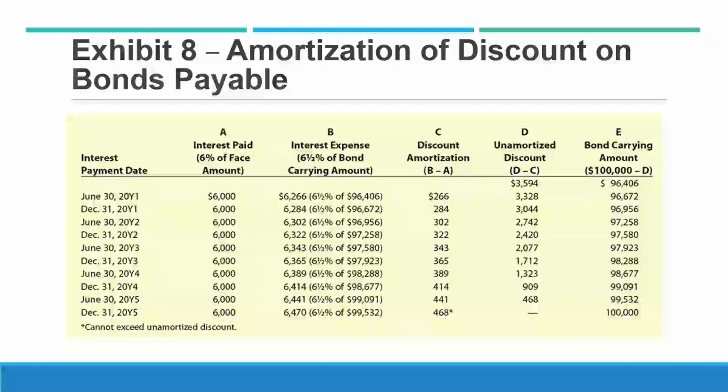For bonds issued at a premium, this carrying value will slowly decrease to the face value over the life of the bond. And so that means that for bonds issued at a discount, the interest expense slowly increases every period because the carrying value increases, and the interest expense is computed based on the carrying value at the beginning of every single 6-month period.